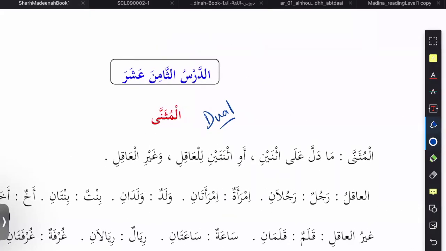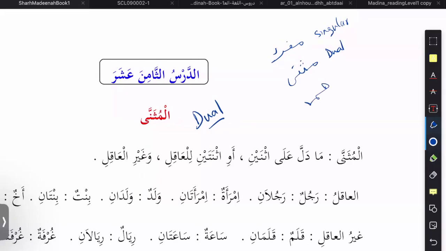So you have mufrad, which is singular. Then you have muthanna, which is the dual. And then you have jam'un, which we already started learning.